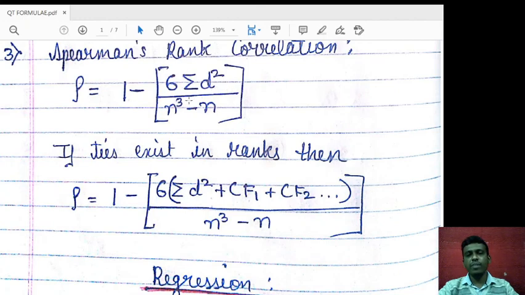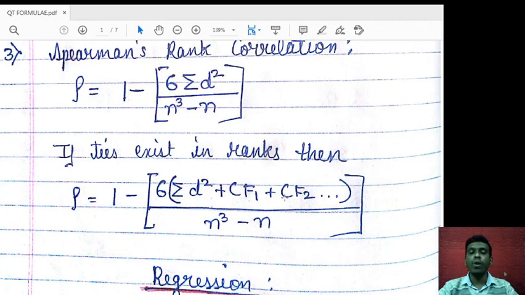So what comes instead is the bracket summation d square plus CF1 plus CF2 plus CF3 and so on. What are these CF? CF is nothing but the correction factor. The correction factor depends on how many places you have ties. If you have ties at two different places, you have CF1 and CF2. If you have ties at three places, CF1, CF2, CF3 will come. If you have ties at five places, then CF1 to CF5 will come.